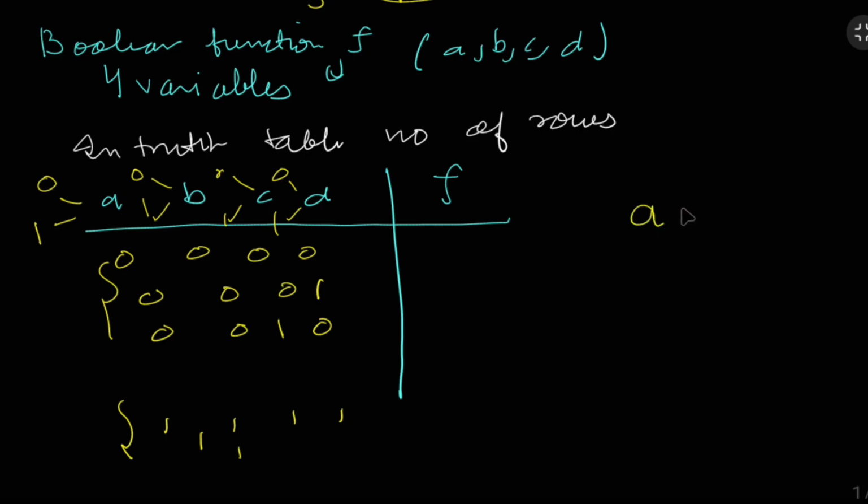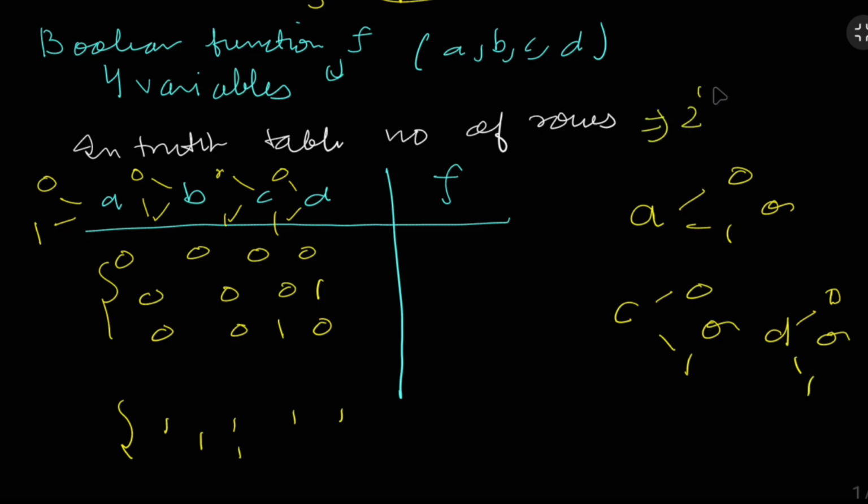So A is 0 or 1, C is 0 or 1, D is 0 or 1. So the idea is you'll have 16 rows, 2 raised power 4.